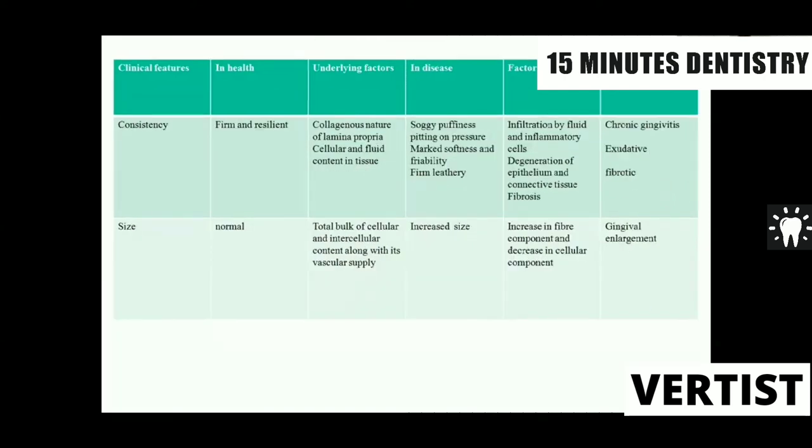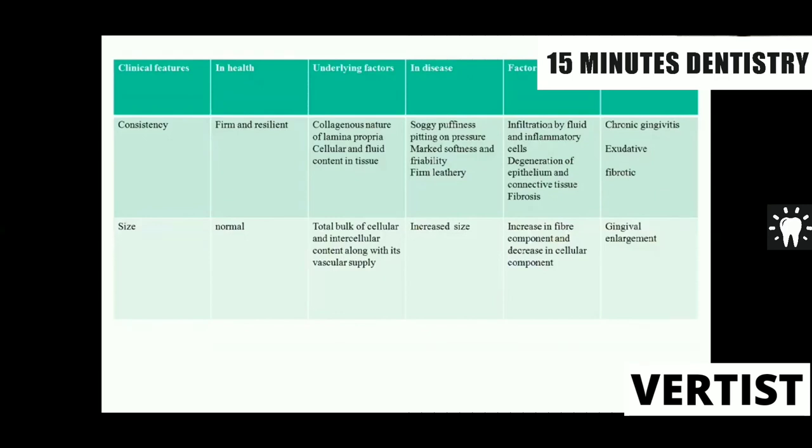Now, the normal consistency of the gingiva is firm and resilient. This consistency is due to the collagenous nature of the lamina propria. It is due to the cells and the fluid contained in the tissue. Now, when chronic gingivitis is present, there is an infiltration by fluid and inflammatory cells. Now, in disease condition, the consistency can be either exudative or fibrotic.